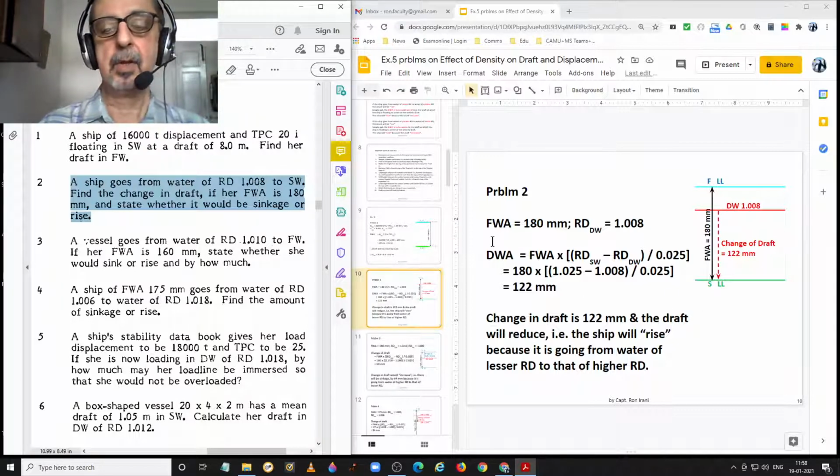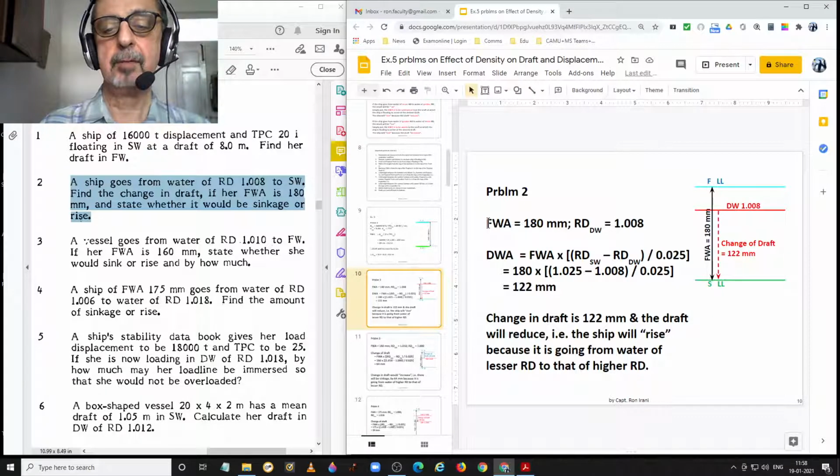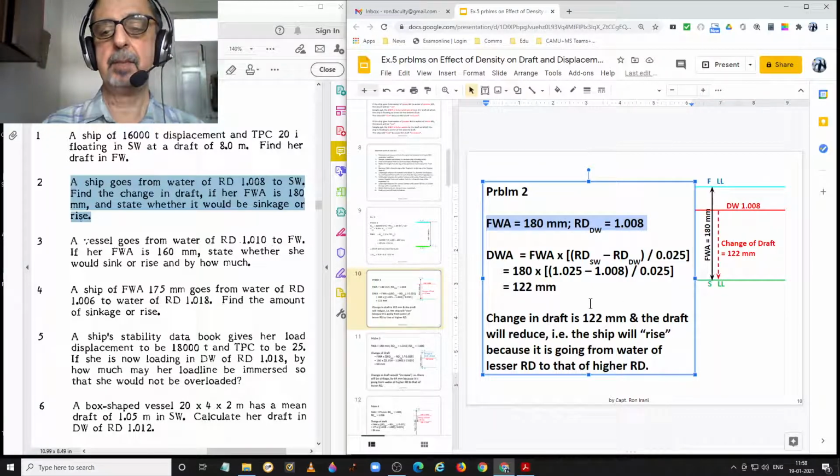Now, given to us in the problem, freshwater allowance is 180 millimeters and relative density is 1.008 of dock water. Dock water allowance is equal to freshwater allowance multiplied by the difference of the two relative densities divided by 0.025.